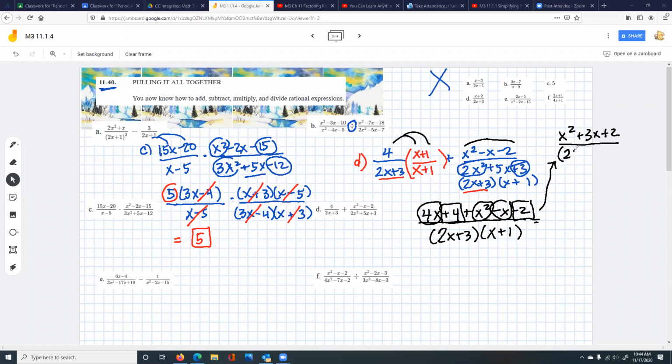We do not multiply the denominator out, only the numerators you multiply stuff out. Okay, and we're probably going to get to factor this, so let's try and factor this. Pretty easy. x times x for the x squared, and then 2 is going to be 1 times 2, and we need 3, so plus 1 plus 2.